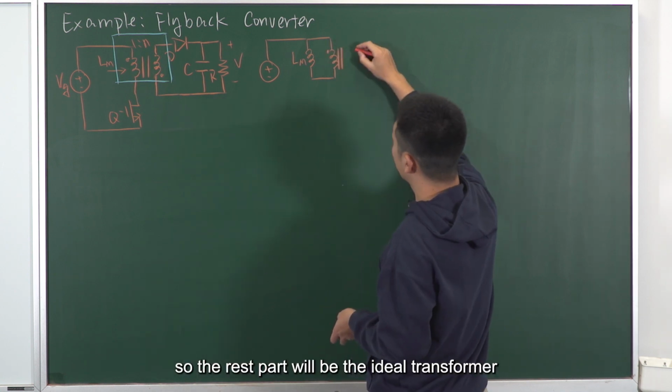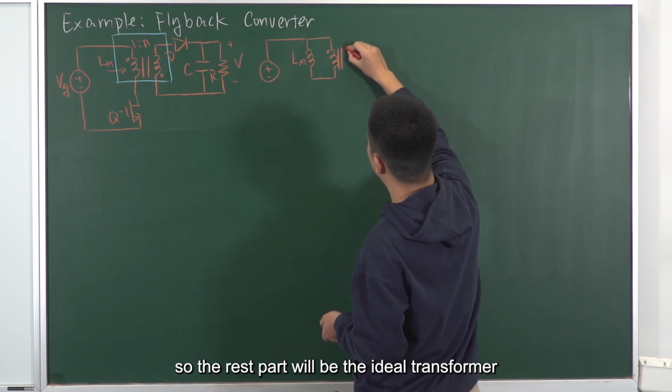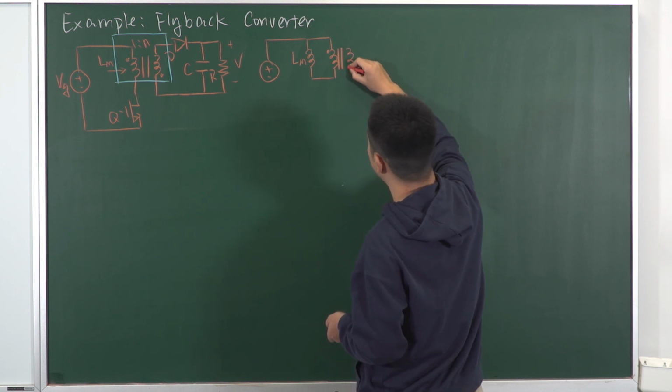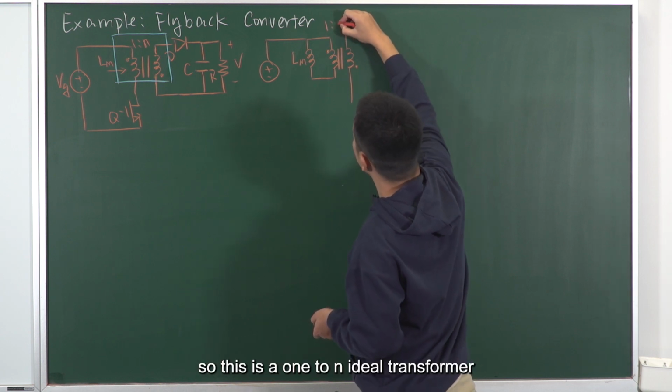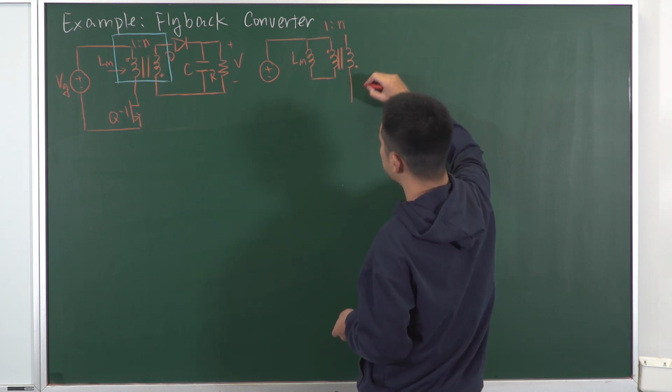The rest will be the ideal transformer, so this is a 1-to-n ideal transformer.